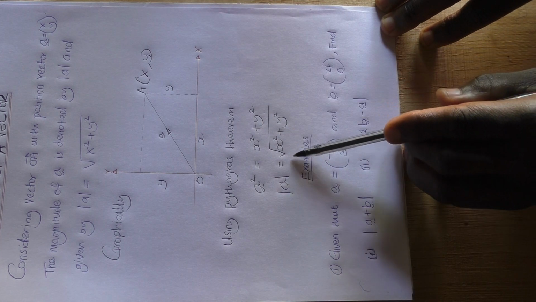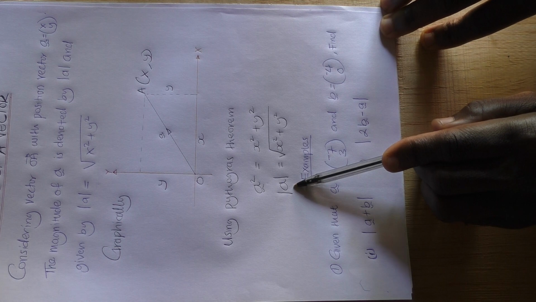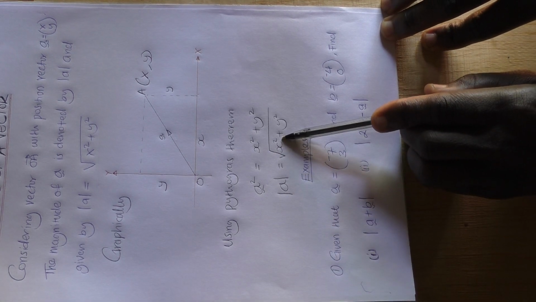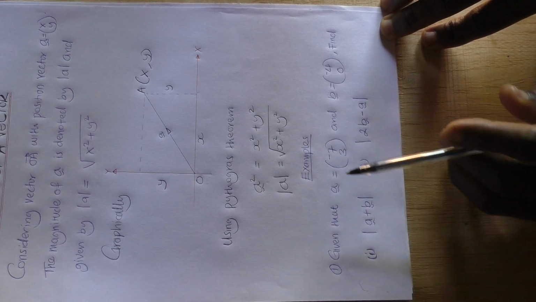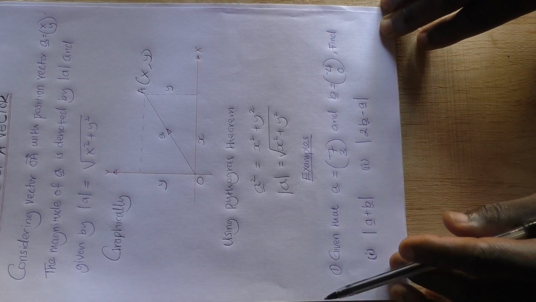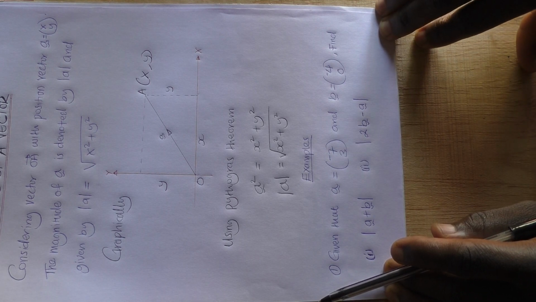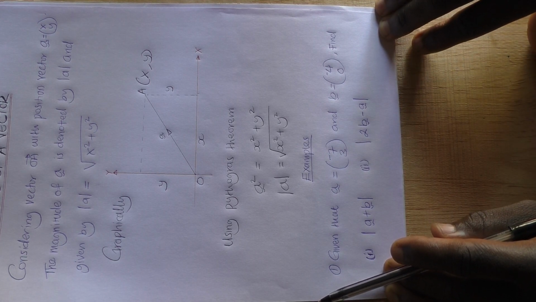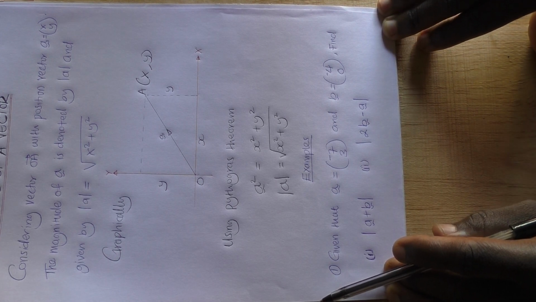And when we get the square root, we get the modulus of A as the square root of x squared plus y squared. And that is how we get the length or the magnitude or the modulus of a vector.